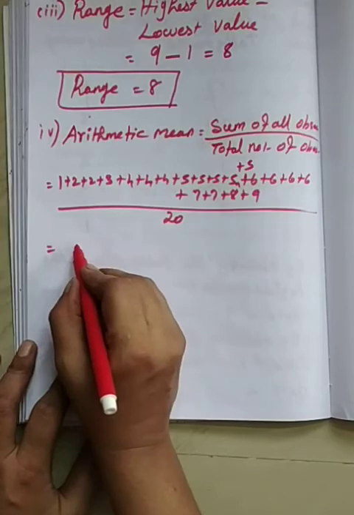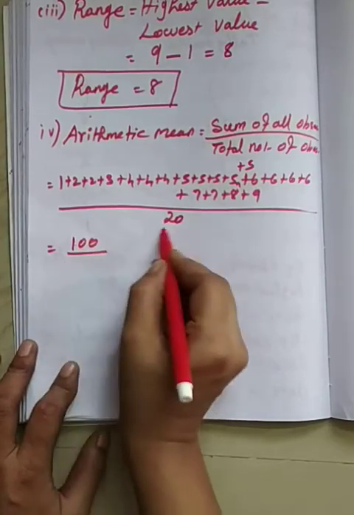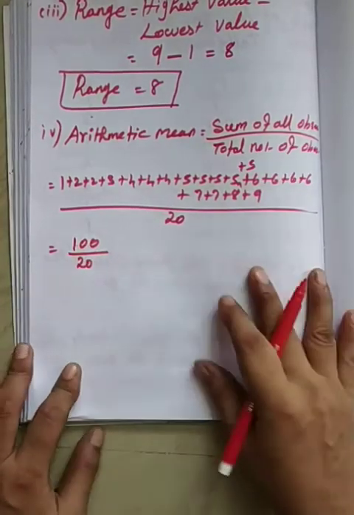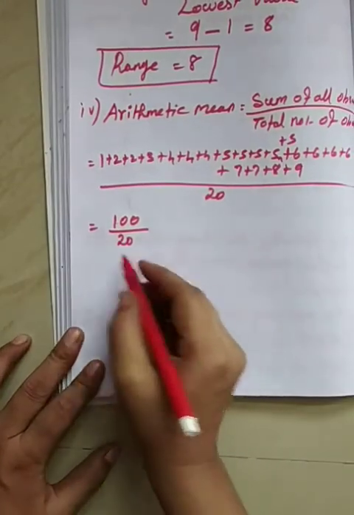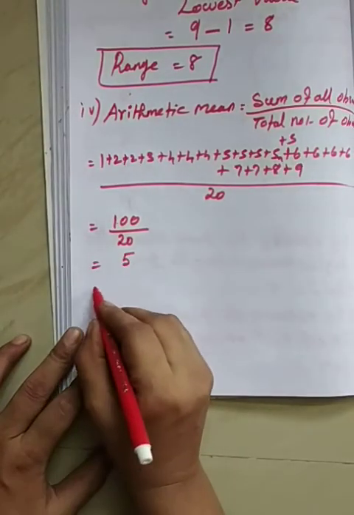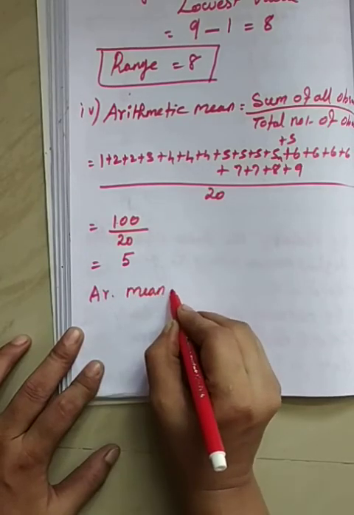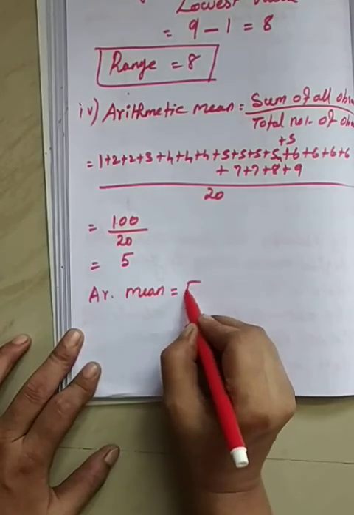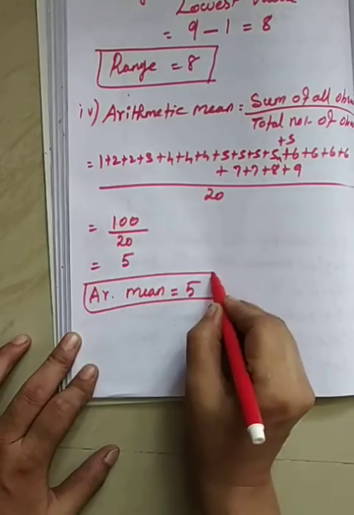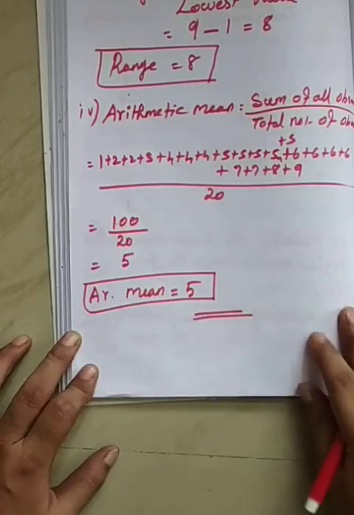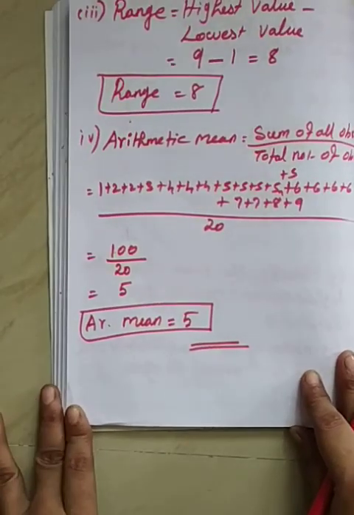So the sum of all observation values is 100, divided by 20. What is 100 by 20? Everybody knows? 5. So the arithmetic mean is equal to 5, that is your answer. Everybody clear? Okay. Thank you.